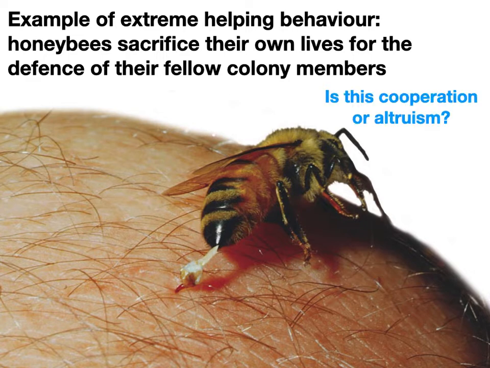So the question is, is this cooperation or altruism? Well, take a look back at the previous slide 2 or 3 slides ago and come up with an answer here. And you might say, well, it looks like altruism, right? Because the honeybee that did the stinging is dying. It's paying the ultimate price for defending its colony members by losing its life.